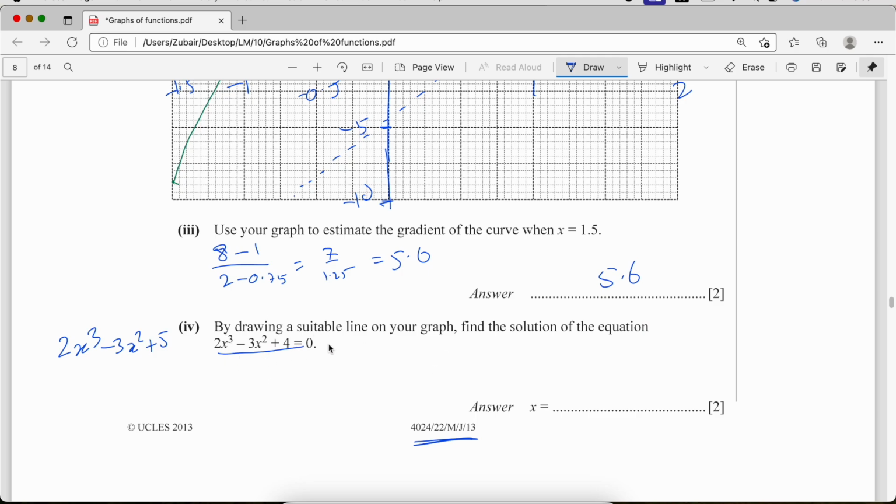If I just add 1 on both sides, this is 2x cube minus 3x square plus 4. I'll be able to make it look like the original equation: 2x cube minus 3x square plus 5 is equal to 1. And if this is the original equation, I can write y is equal to 1. So basically we have to draw y is equal to 1.